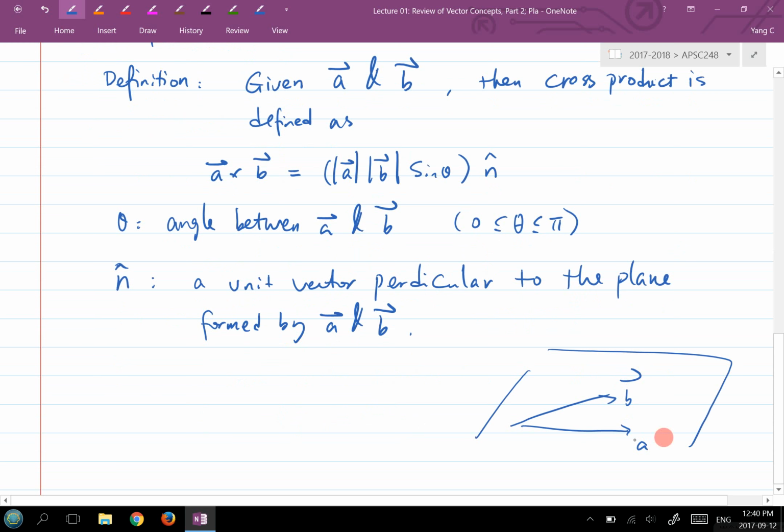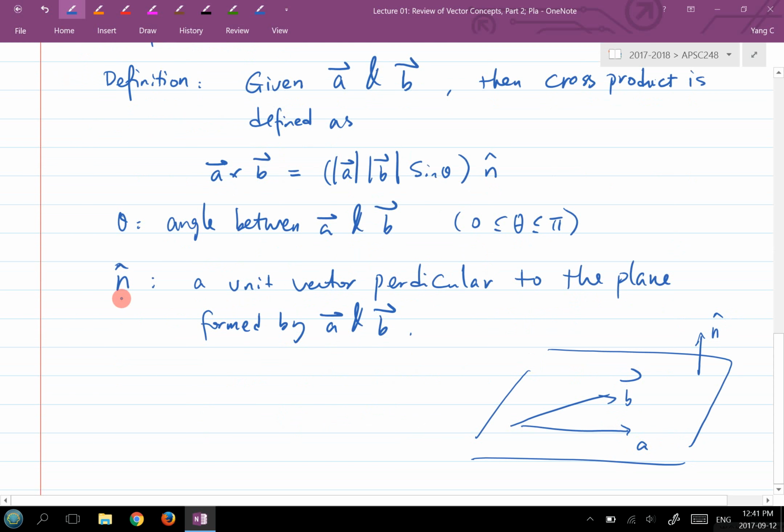A plane can be uniquely defined by these A and B vectors, so you cannot form another plane given A and B, unless A and B are the same vector. But the n hat is basically a vector perpendicular to that plane. So that's what n hat is.